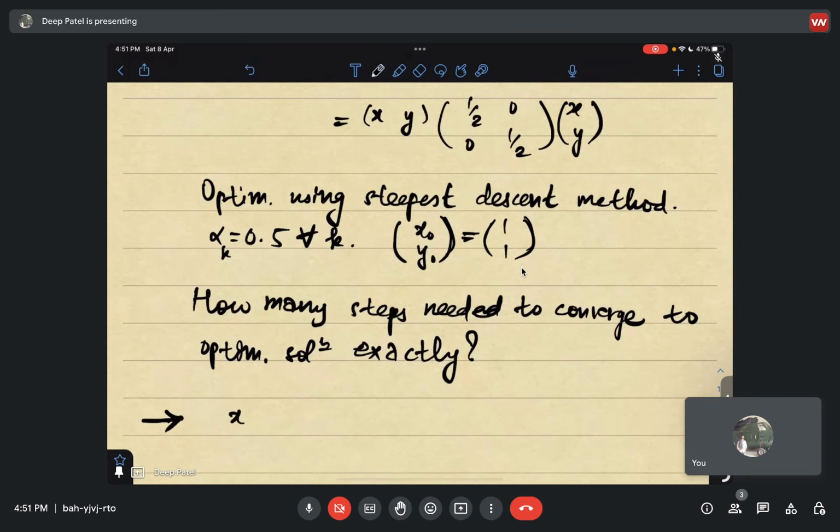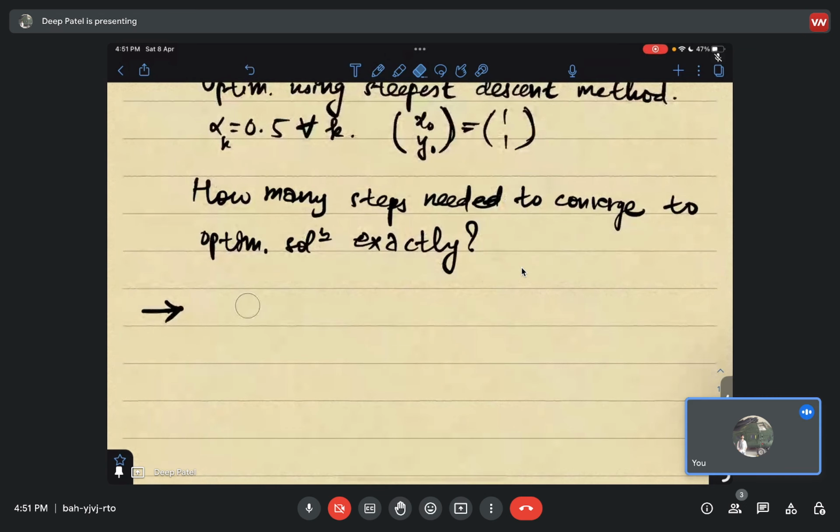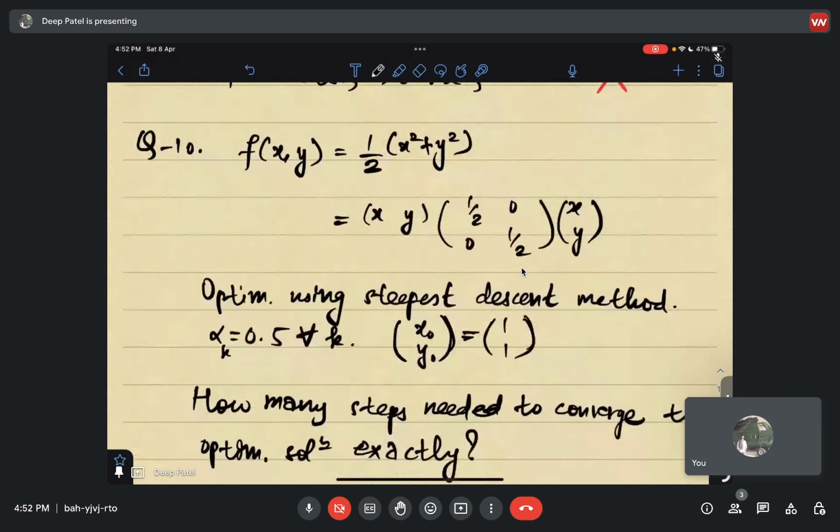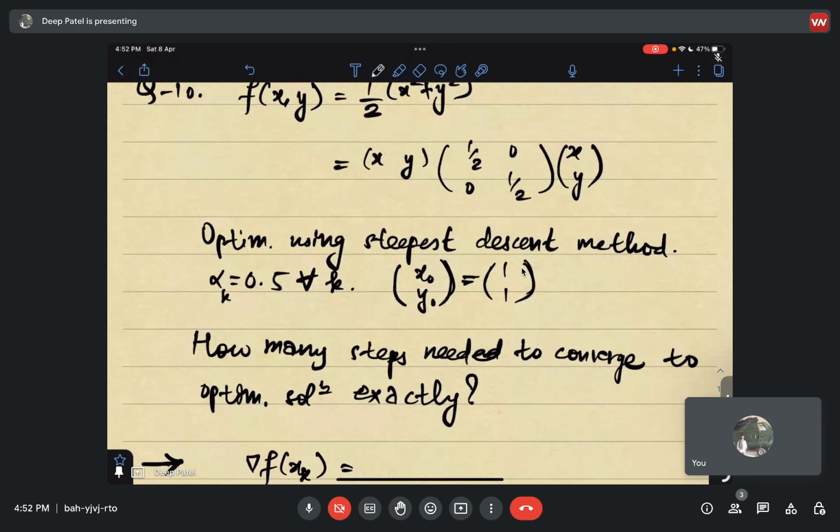So what is the gradient here? It's nothing but half x, half y.